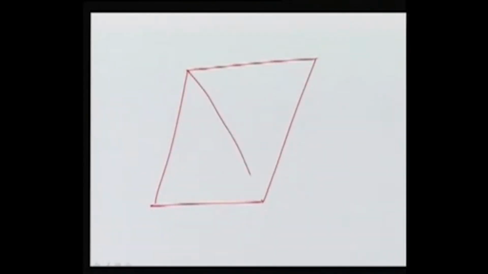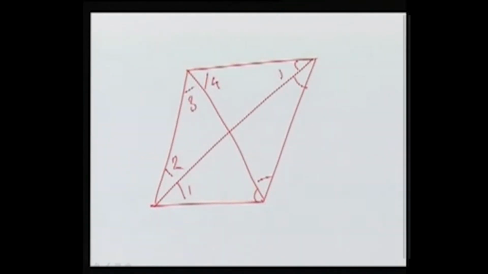One more thing here. In a base quadrilateral, as we have observed, angles 1, 2, 3, 4, 5, 6, 7, 8, all these angles have some error in them.